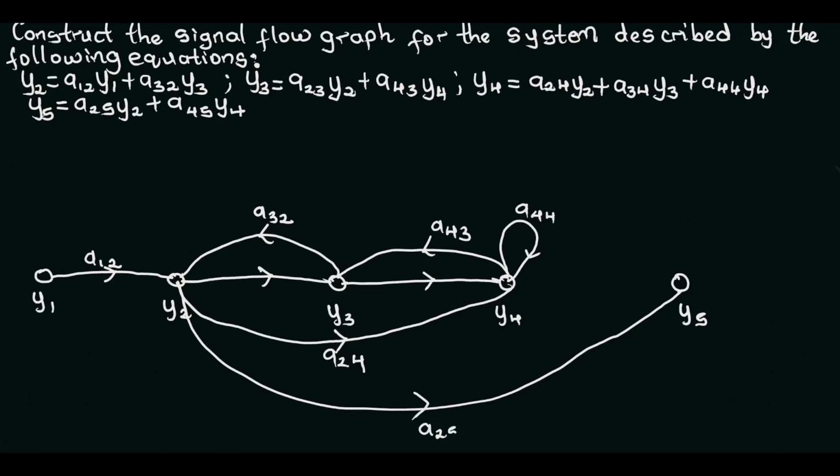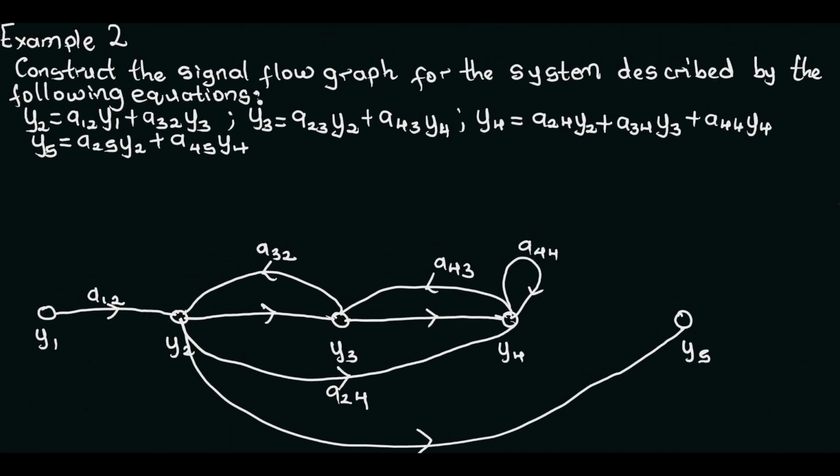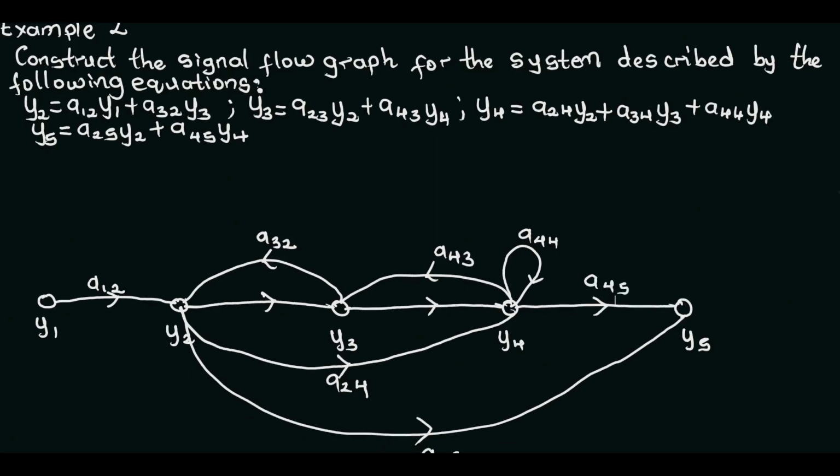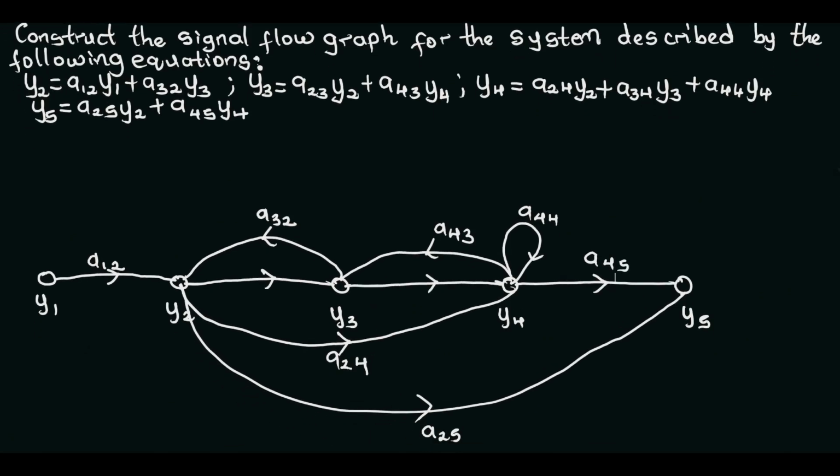And you have a45 Y4. It's moving from Y4 to Y5. So this is your signal flow graph for the system.